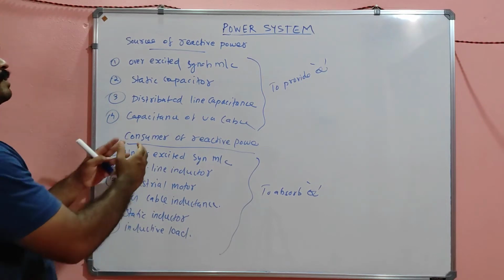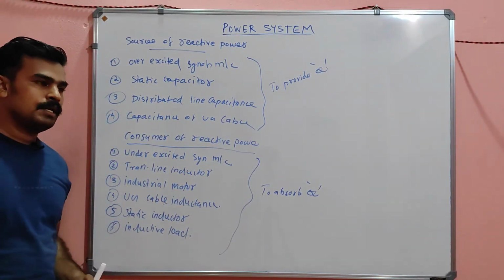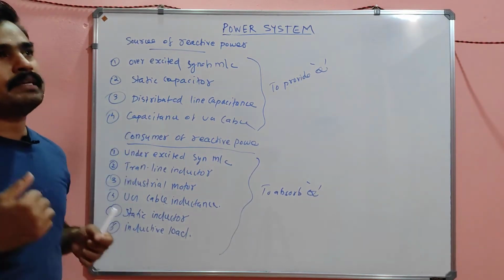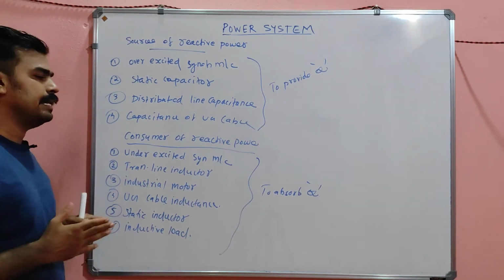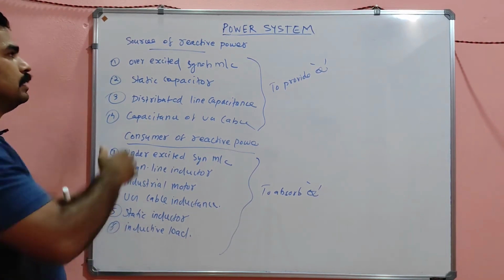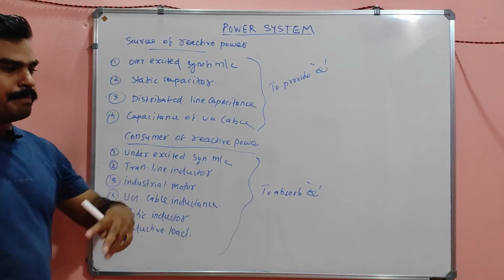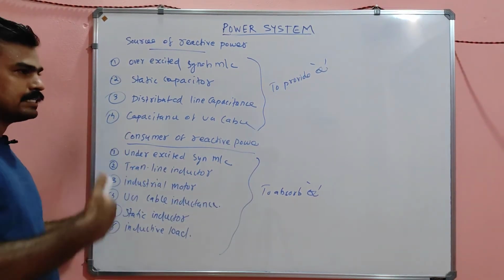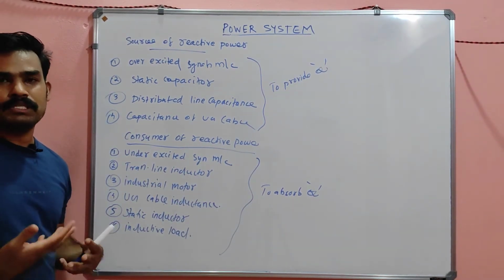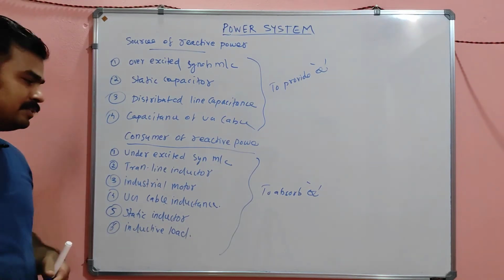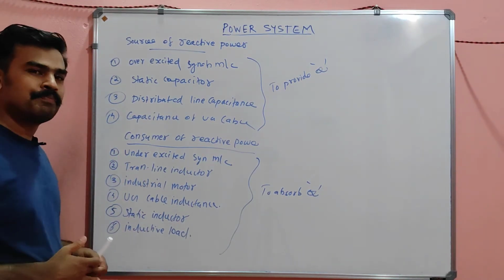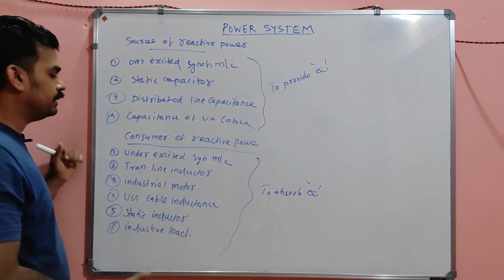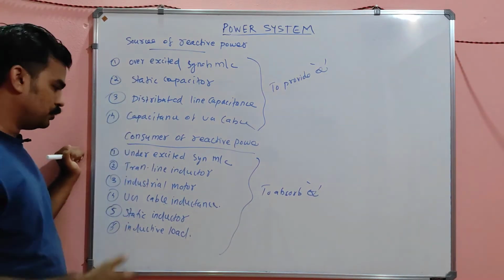And what are the consumers of reactive power? Means what are the elements which consume reactive power? Underexcited synchronous machine. An overexcited synchronous machine may provide reactive power, but an underexcited synchronous machine acts as an inductive load itself, so it is also a consumer of reactive power.